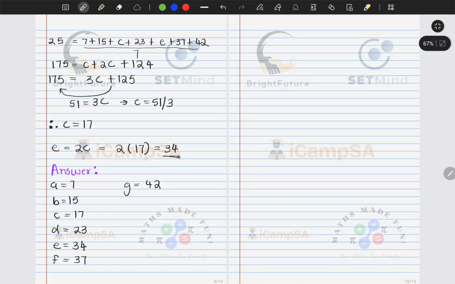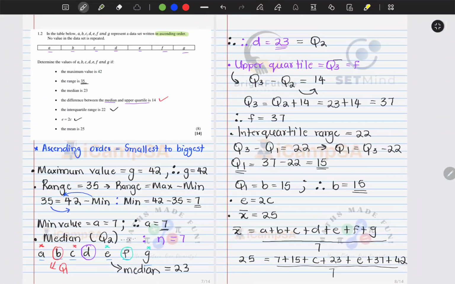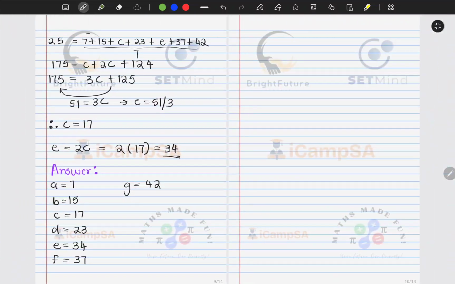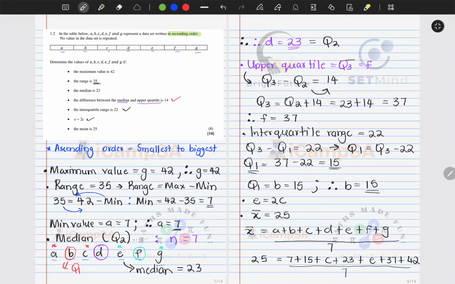So this is what they were expecting the learners to be able to do for this question. I hope that you do understand and you follow every step that we undertook here. So please make sure that you read the questions carefully, you understand your basics, and you should be able to get these questions correct. Let's pause here for now.